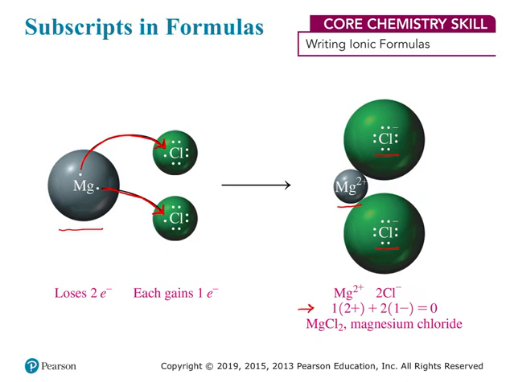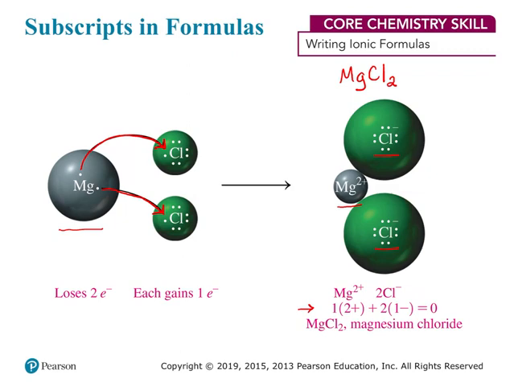So the way we would write this chemical formula is MgCl2. We use a little subscript 2 to show that there are 2 chloride ions for every 1 magnesium ion. Remember when we were balancing equations and we said that you do not change the subscripts?